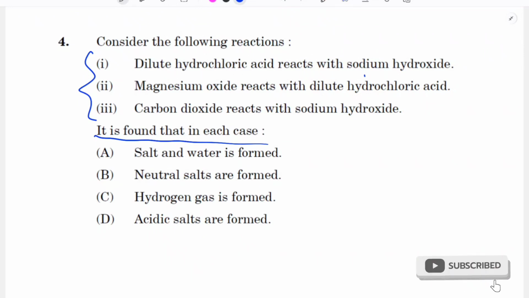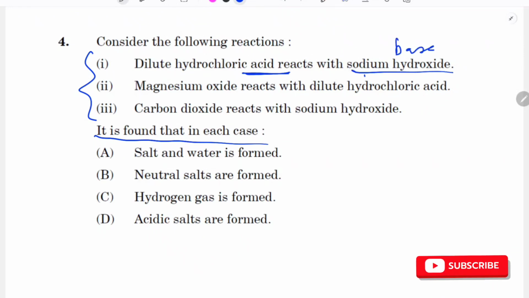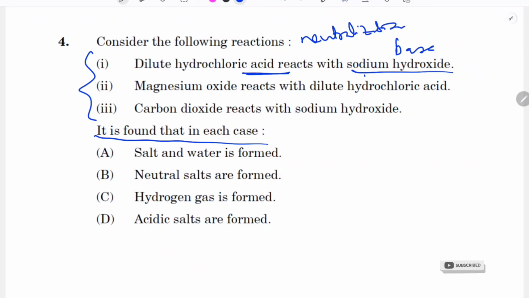The first one is dilute HCl. So this is a classic acid-base neutralization reaction. HCl is acid. What about sodium hydroxide? It is base. So this is a classical example of neutralization reaction. What is a neutralization reaction? In which the salt and water is formed.